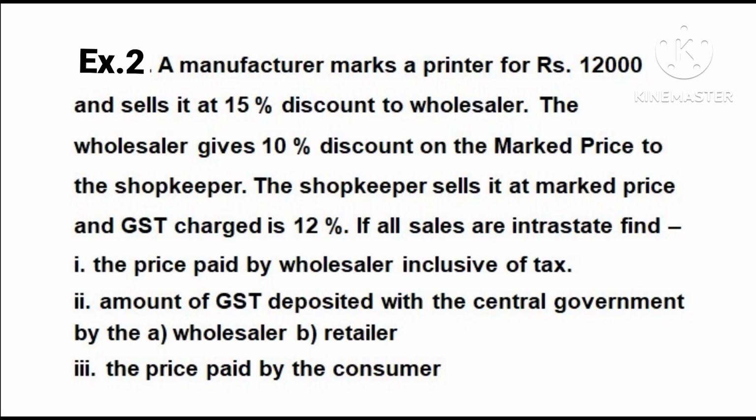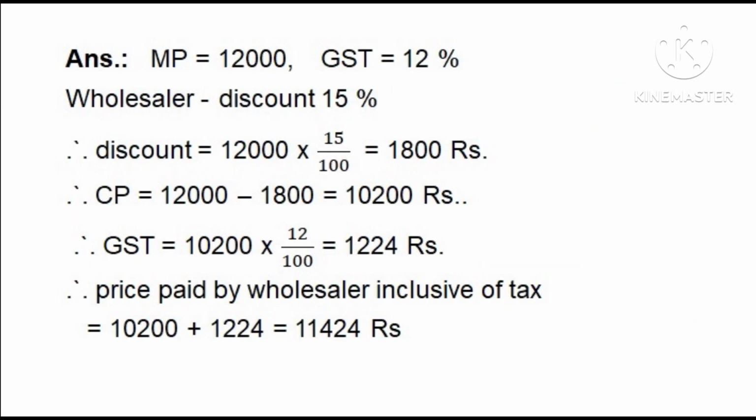The price paid by the wholesaler inclusive of tax. 2. Amount of GST deposited with the central government by A. Wholesaler, B. Retailer. 3. The price paid by the consumer. Marked price MP is equal to 12,000 rupees and GST equals 12%. Wholesaler.